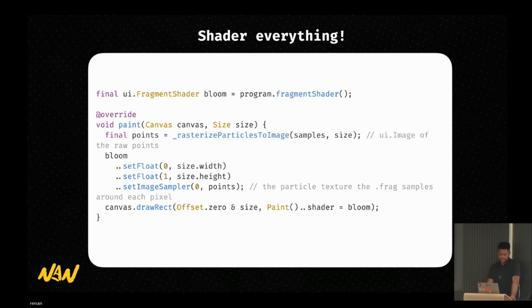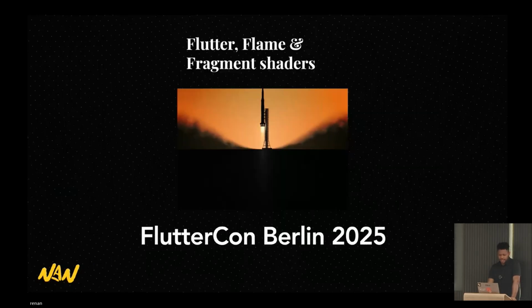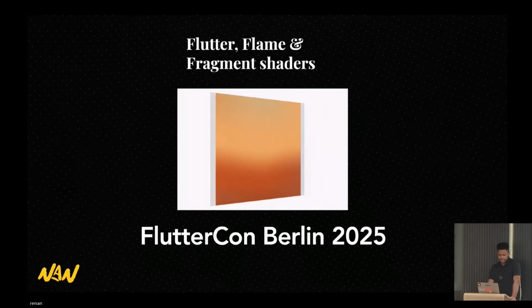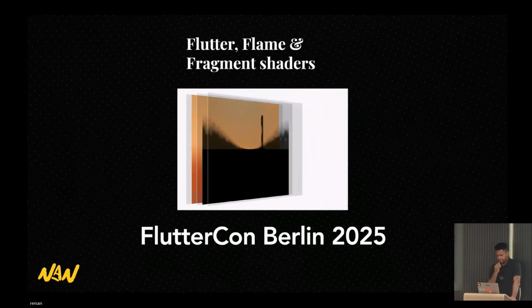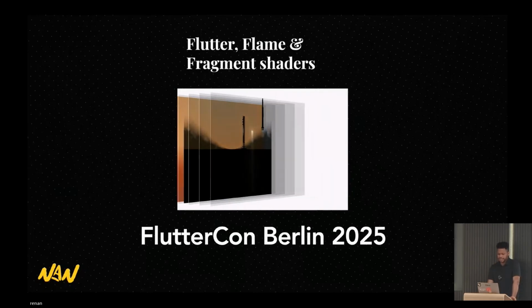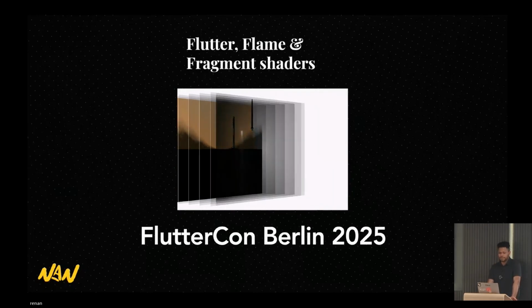Everything that we did would be inside of this rasterized particle to image thing, and then you can draw that in a rectangle with the shader set. There is a talk that I did about this topic of post-processing. It's on the FlutterCon Berlin channel.